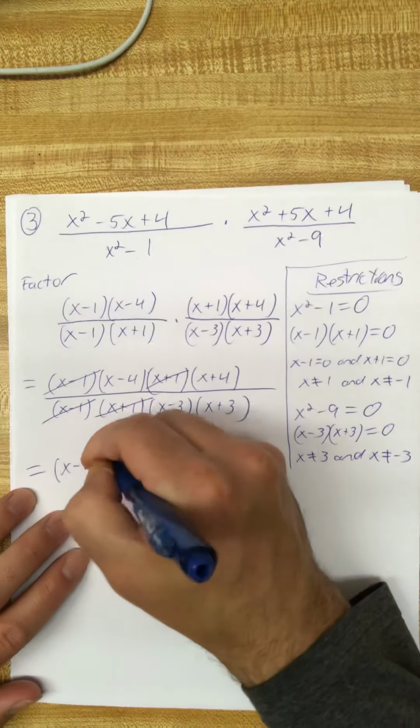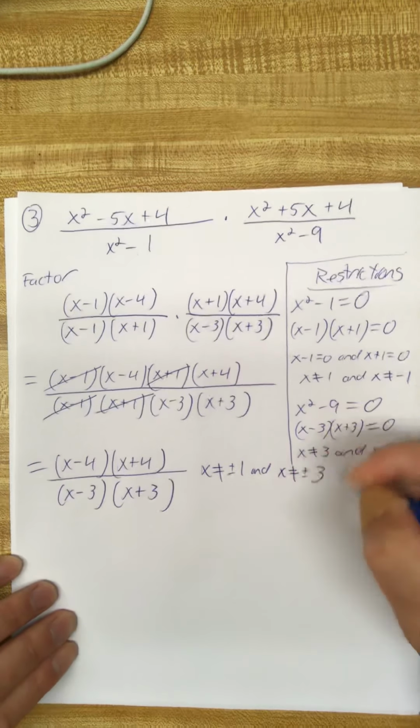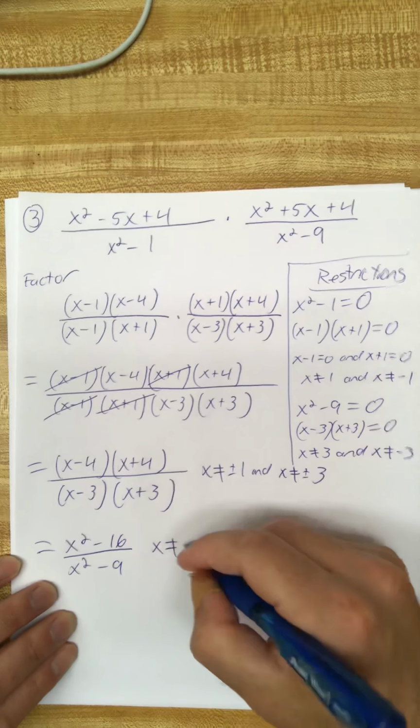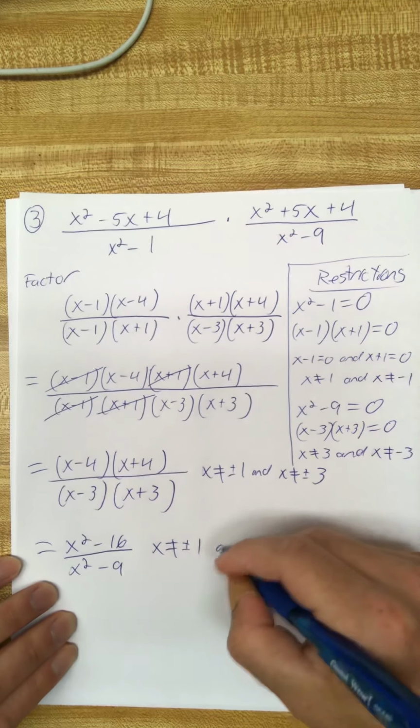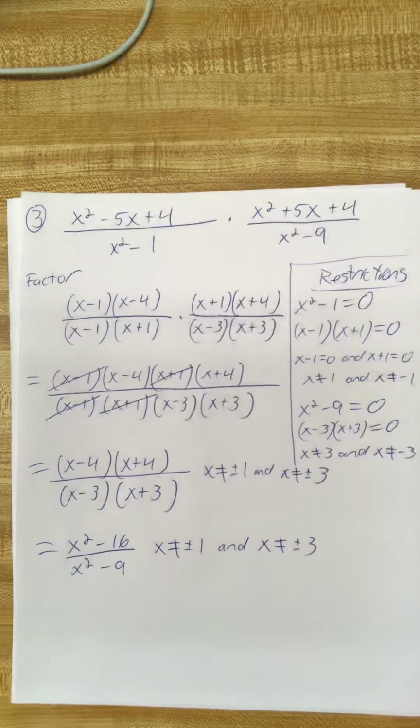If you want, again, your restrictions are x cannot equal positive and negative 1, and x cannot equal positive and negative 3. You can multiply these out, get x squared minus 16 over x squared minus 9, and again, x cannot equal positive and negative 1, and x cannot equal positive and negative 3.